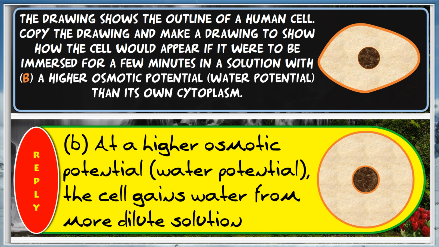B. Higher osmotic potential, water potential, cell gains water from more dilute solution.